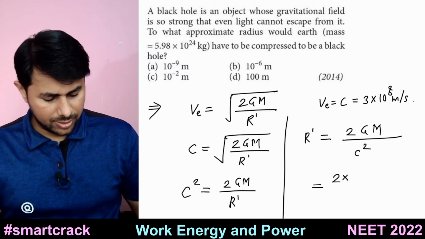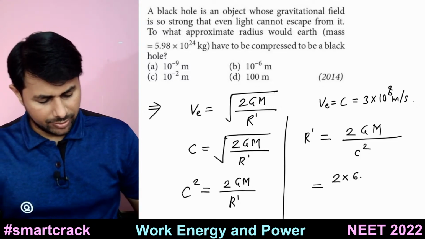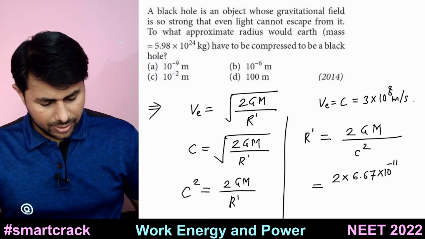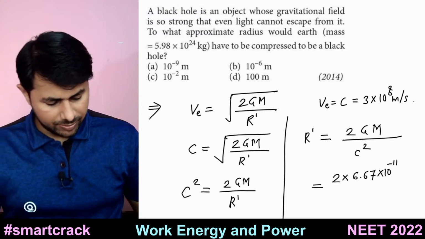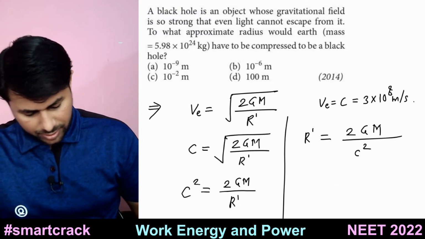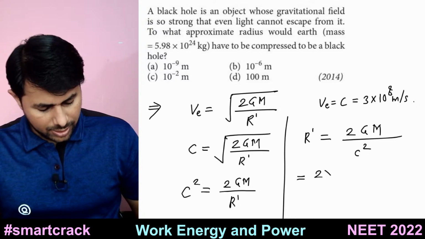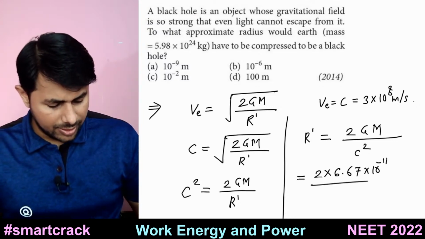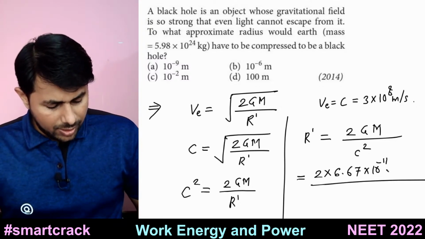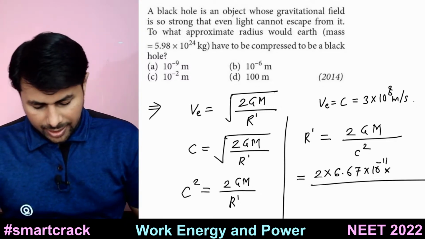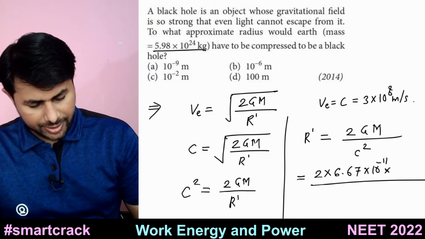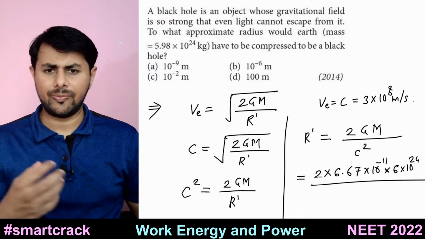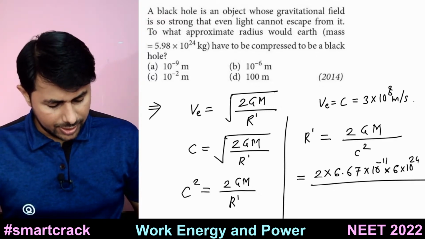It is 2, g is, oh, it will be a lengthy calculation, 6.67 into 10 raised to minus 11. All right, let's reserve some space for it. So this is equal to 2 into 6.67 into 10 raised to minus 11 times mass. Mass is 5.98 into 10 raised to 24, so 6 into 10 raised to 24. Okay, 5.98 is close to 6. Divided by c square.